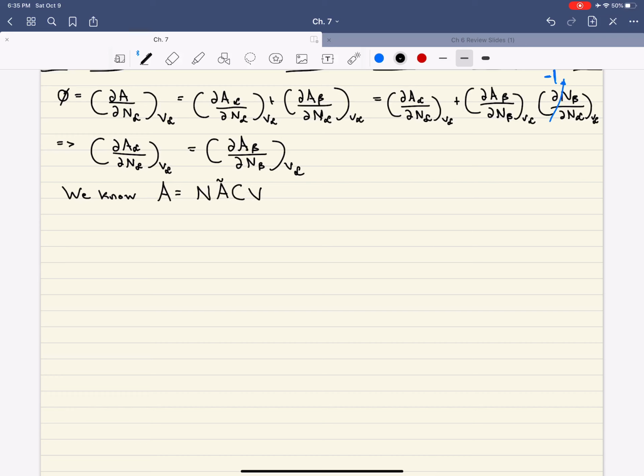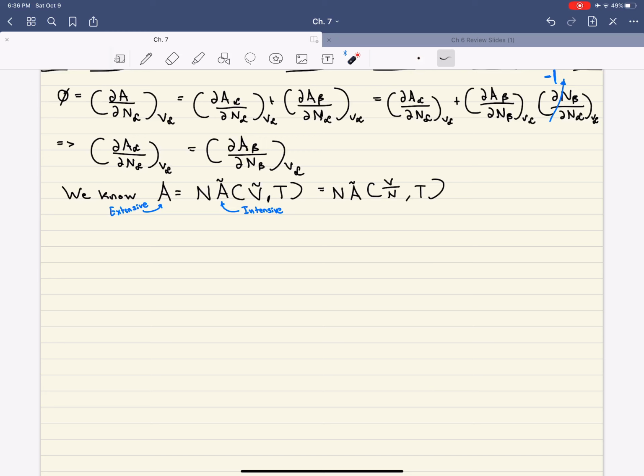And this A squiggly would be a function of the molar volume and the temperature. All right? So what I want to highlight here is that regular A is an extensive variable, while squiggly A is an intensive variable. Okay. And this molar volume, we could also just rewrite as total volume divided by N, and T here.